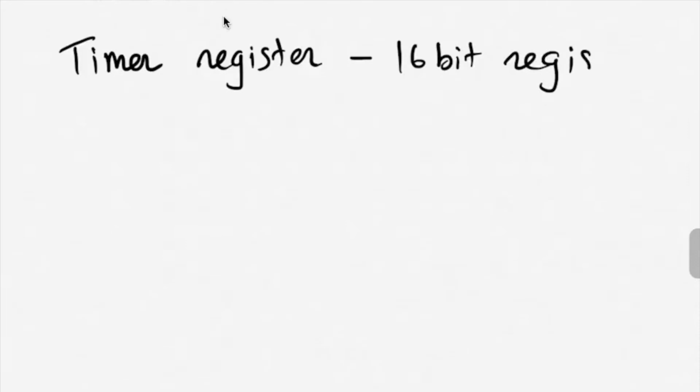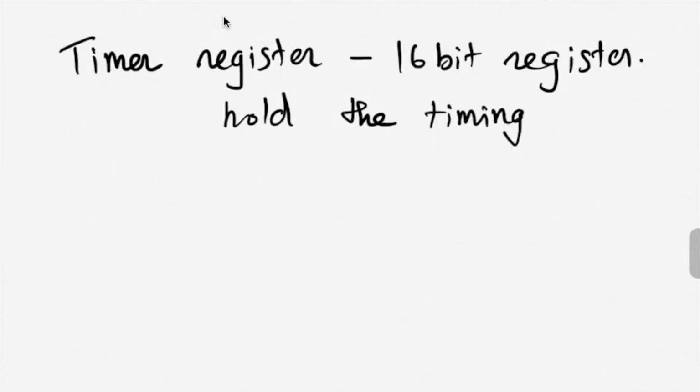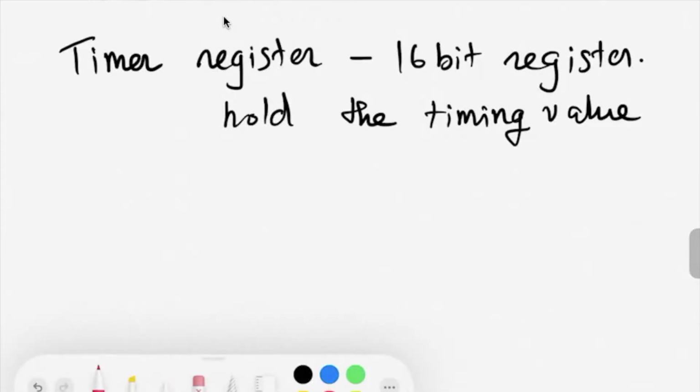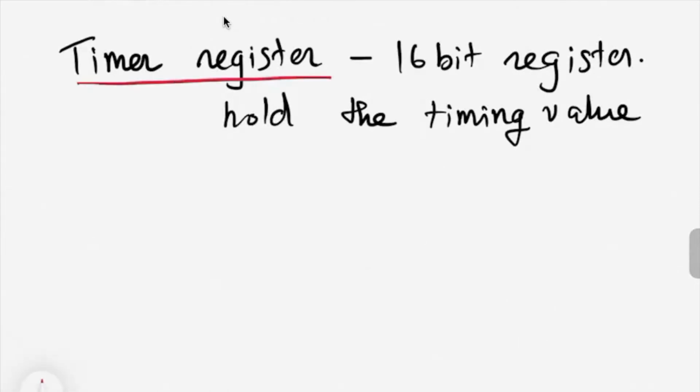This timer register basically holds the timing value. I will right now say timing value, but it will not convey correctly at this point of time. I will explain what this timing value is later. But you understand, this will generally hold the timing value.